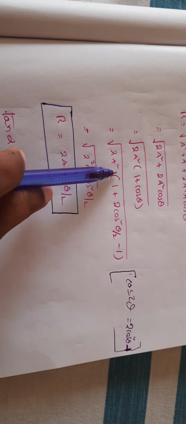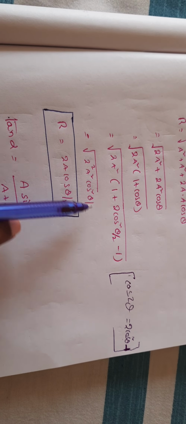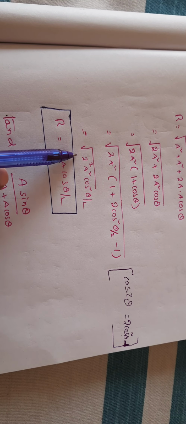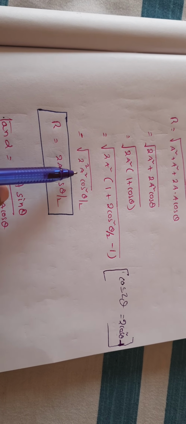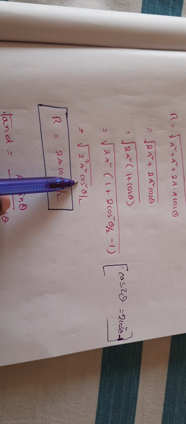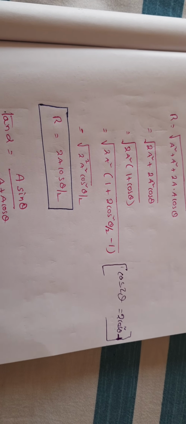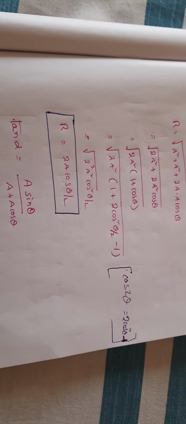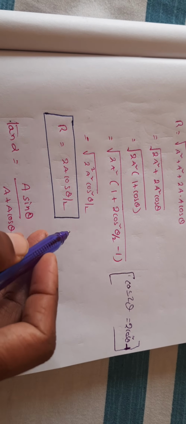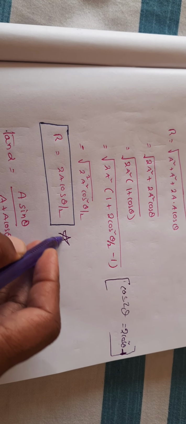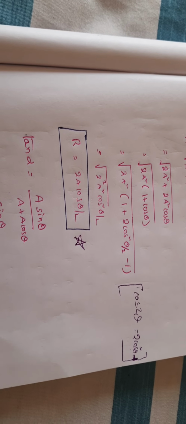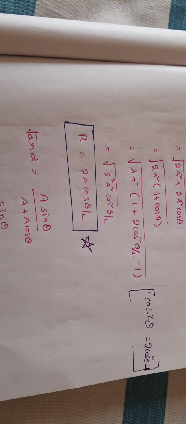You are left with 2A square into 2 cos square theta by 2. 2 into 2 will become 2 square, A square already existing, cos square theta by 2. So R is equal to 2A cos theta by 2. Directly, this is a very, very important relationship. While solving problems, this is going to help you a lot.